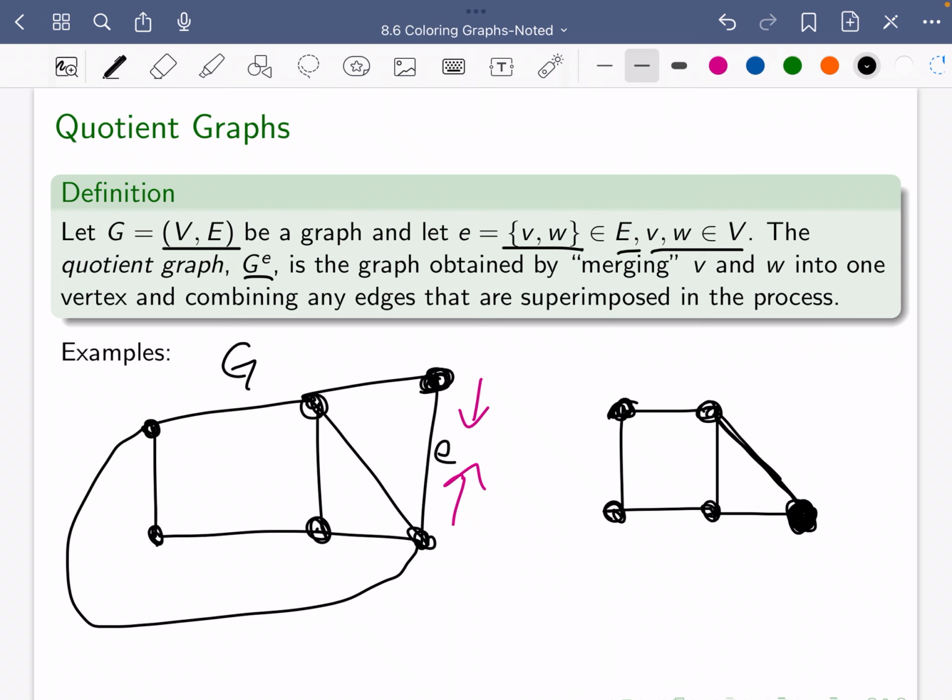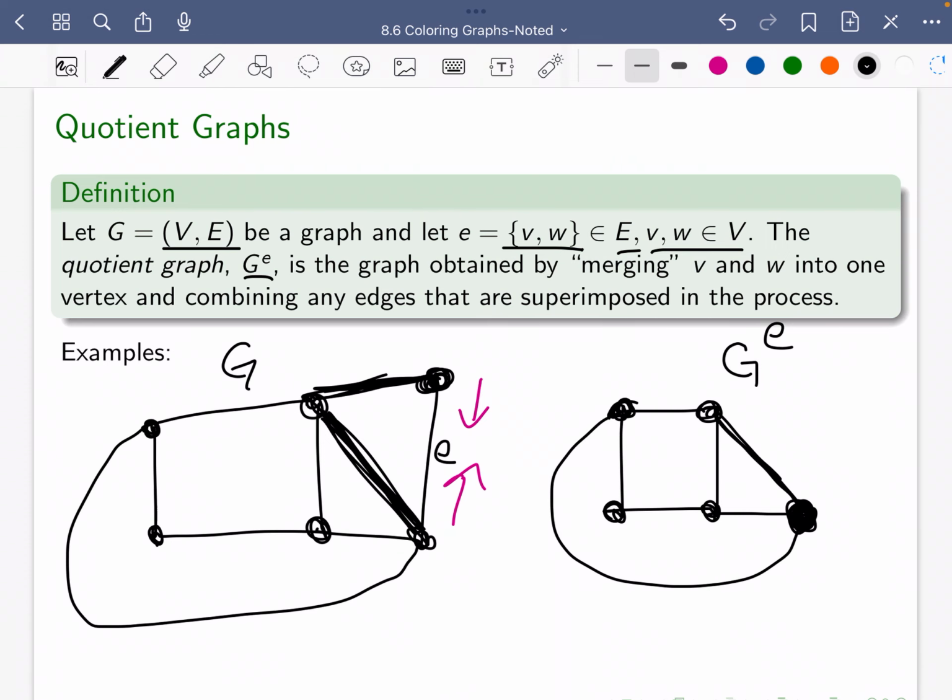The edge that was from here to here ends up lying exactly on top of this edge here. Right, so they're going to just be merged into one. We still have that edge back to there. And so this would be our quotient graph, G/E. Great. So that's a quotient graph.